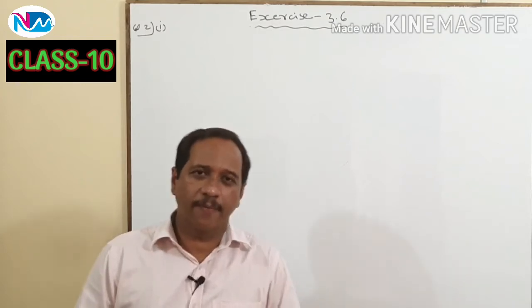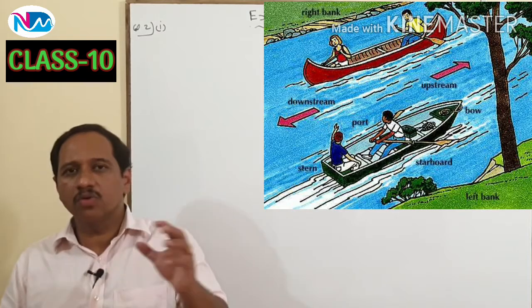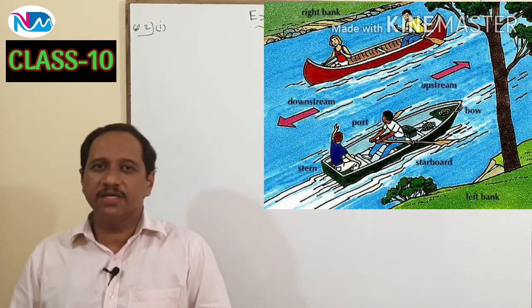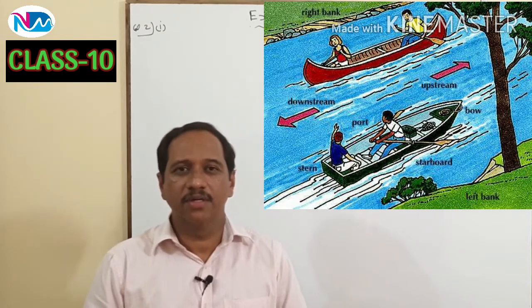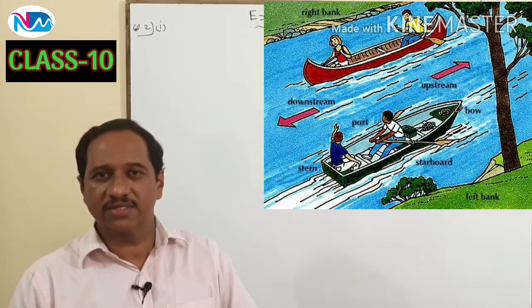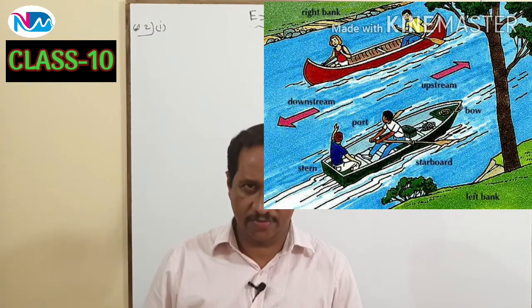The situation is, when a person rows a boat in the downstream, it means she rows the boat in the direction of flow of water, which is always helping her to increase the speed of the boat.